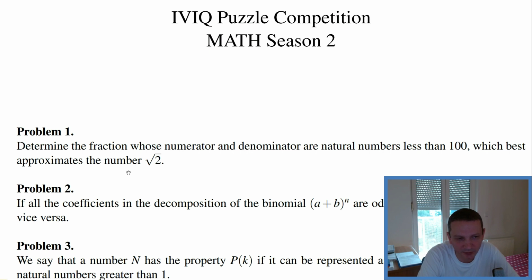So there will always be some error if we approximate with a fraction, but we are now trying to make this error as low as possible, with numbers less than 100.